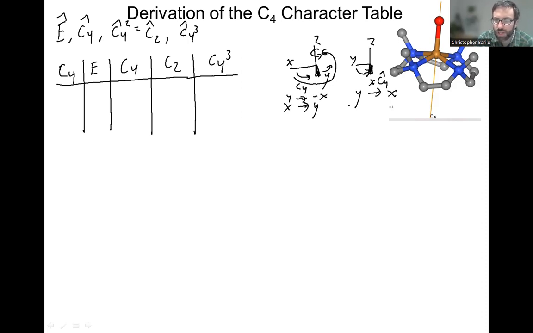So you can see y is going to different things. Sorry, for y to go to x, we'd have to do a C4 cubed. For this axis, a C4 does that, and y going to negative x is a C4 cubed.